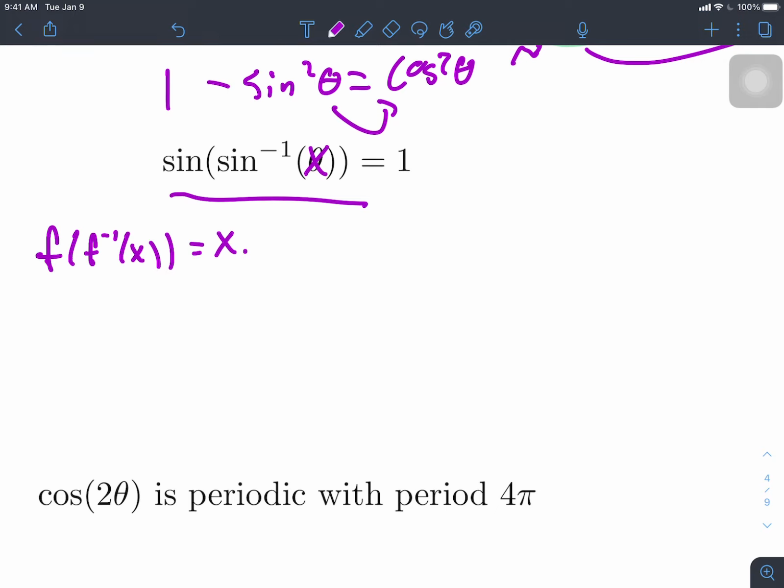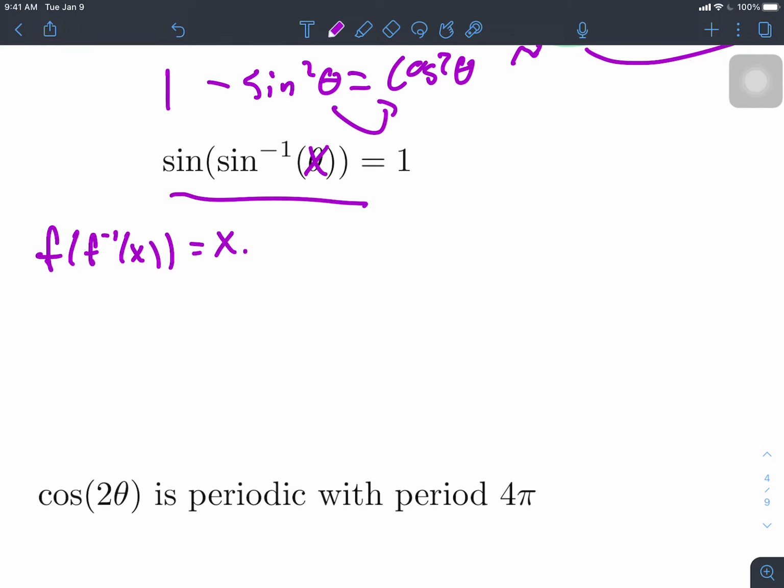But even then, that wouldn't really apply so well to the sine and sine inverse functions, because as we know, sine inverse can take any value x between -1 and 1, and it will output a value theta between -π/2 and π/2. So even then, we may wind up with something a little bit more confusing than this.